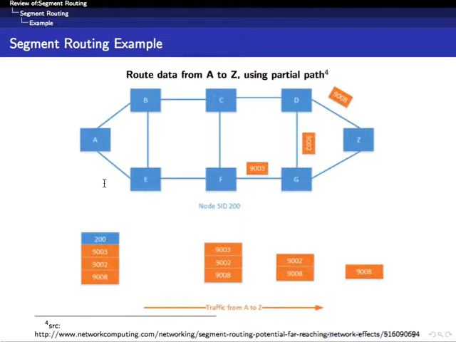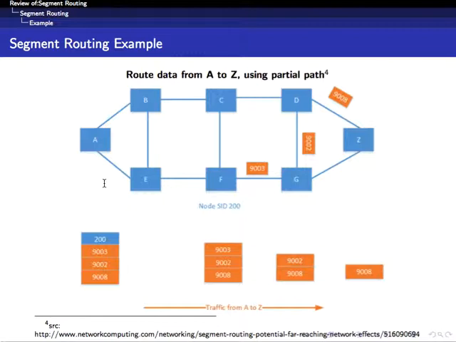For example, data must flow from the source router at point A, but it doesn't matter how it gets there, but it must get to the node with SID 200, which is node F, and from there take a specific path, edges 9003, from F to G, then from G to D, and then from D to Z. So our label essentially would contain 4 entries.